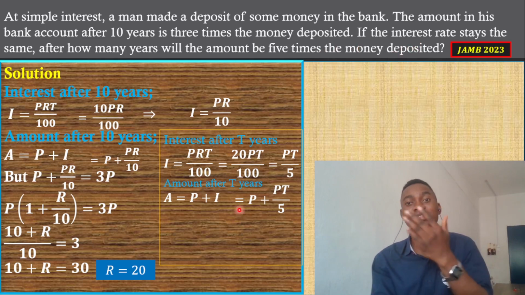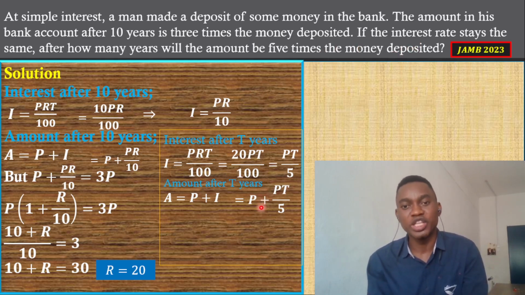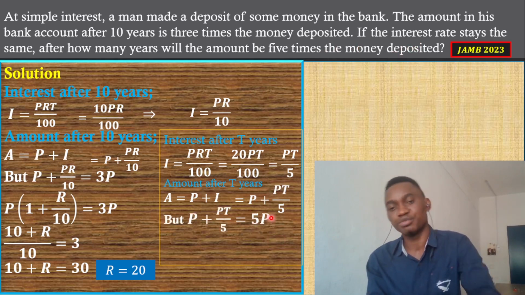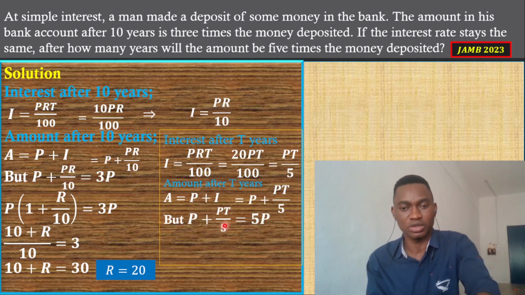That is 5 times the principal. So that means this amount P plus PT over 5 is going to be 5P. We factor P out because P is common. Then we have P into 1 plus T over 5 equals 5P.